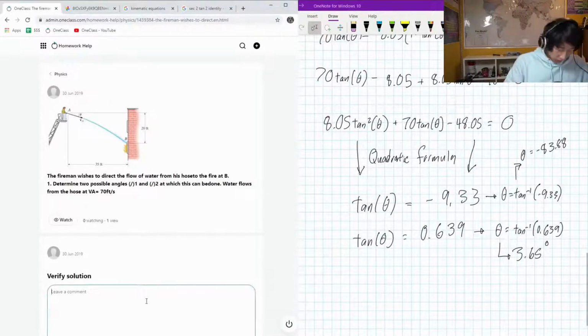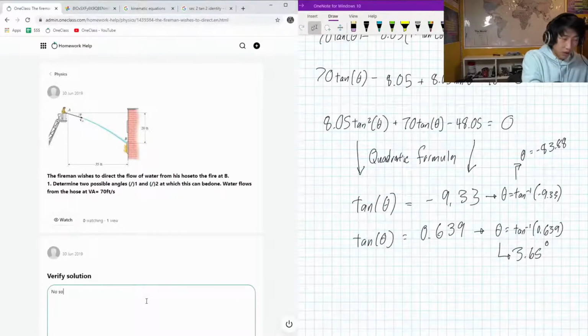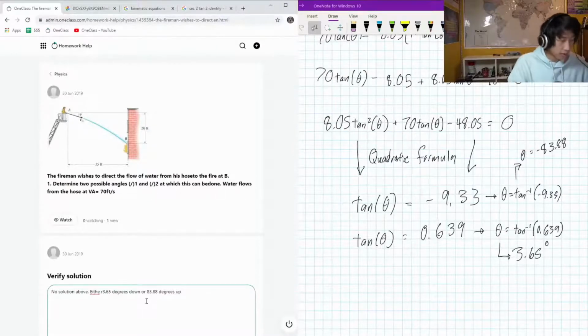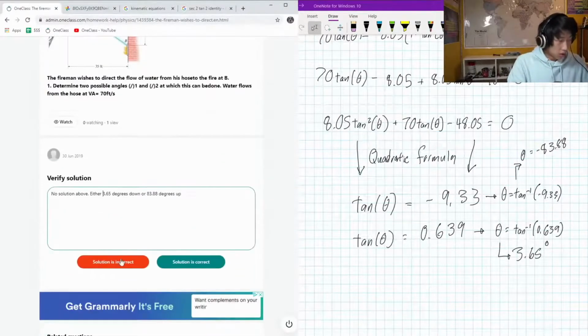So the final answer is either 3.65 degrees down or 83.88 degrees up. Cool.